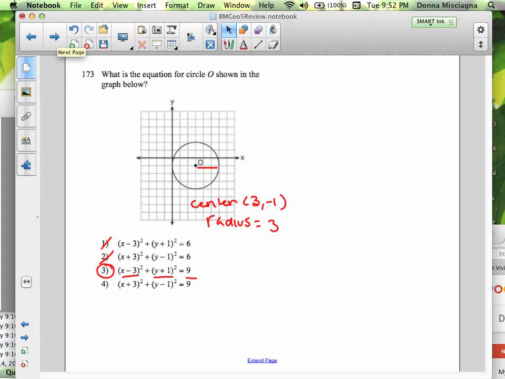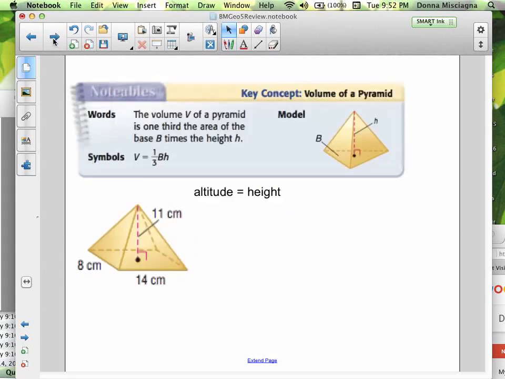Let's look at volume. And we have formulas to calculate out the volume. And so I have the formula listed above, and I'm going to solve it down below. The words altitude and height are the same thing. So if on a test you see altitude, it's the same thing as height.